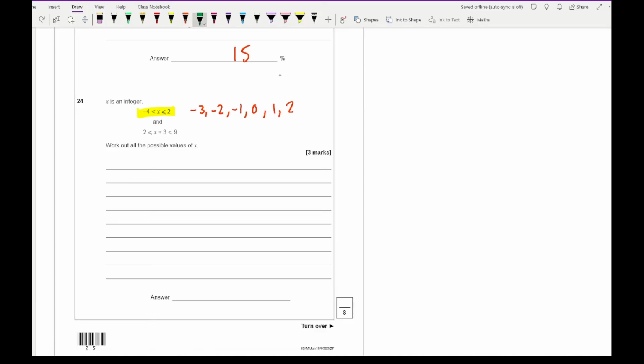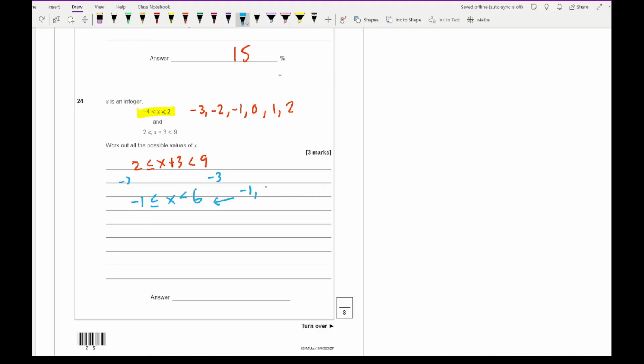Now for the second one, what I then need to do is find the possible values. All I've got to do here is take away 3. So I've got 2x plus 3 is less than 9. If I want to get x by itself in the middle, I take away 3 from both of these numbers. So what I've got is -1x and 6. Looking at this inequality, what are the possible values of x?